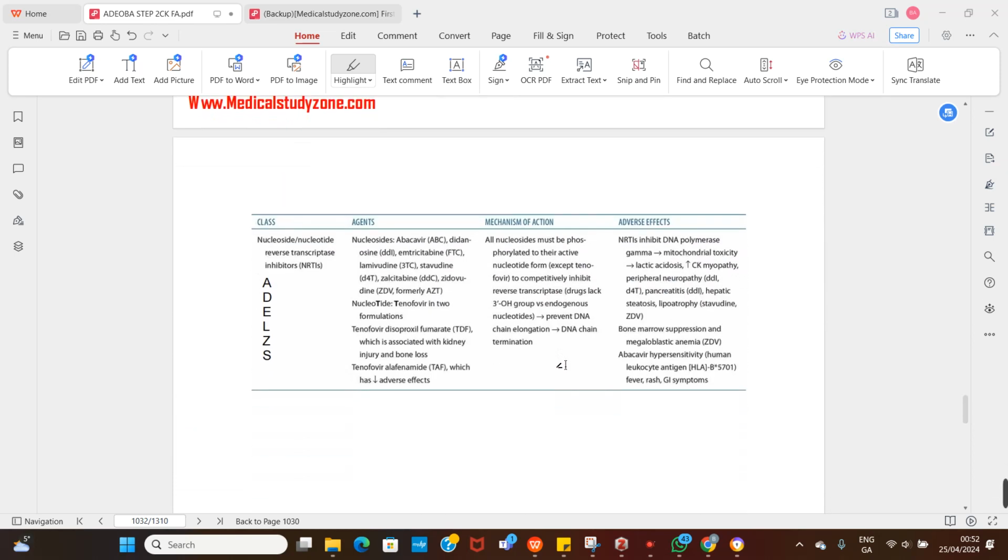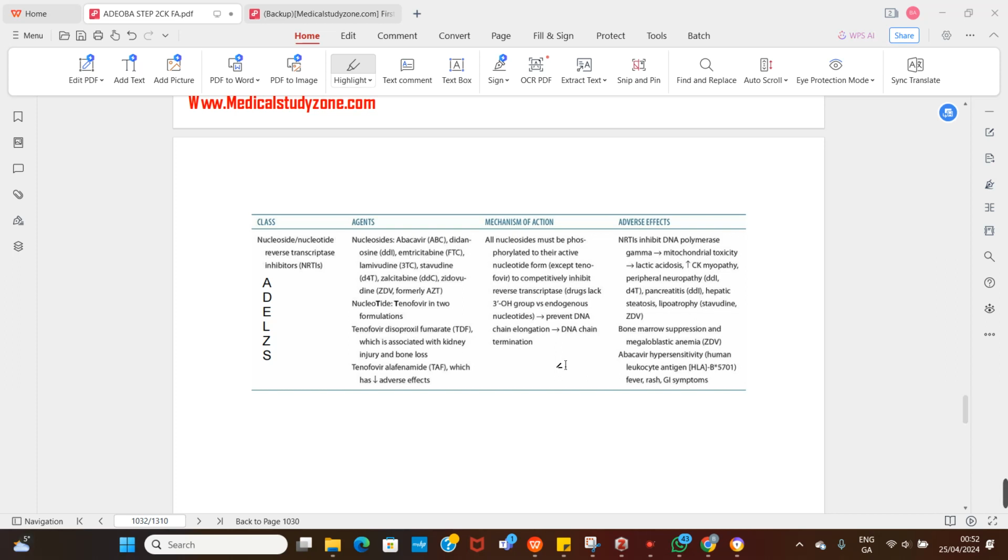So the first class of drugs we are going to look at are the nucleoside/nucleotide reverse transcriptase inhibitors. So these are just drugs that look like nucleotides or drugs that look like nucleosides that have the ability to inhibit the reverse transcriptase enzyme.